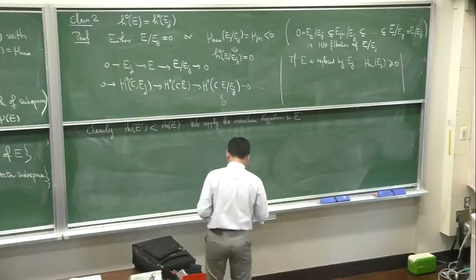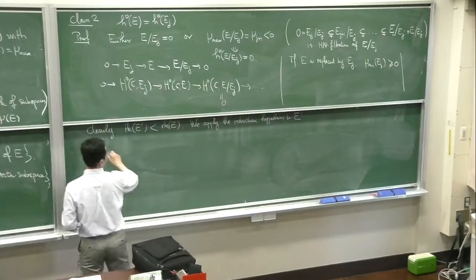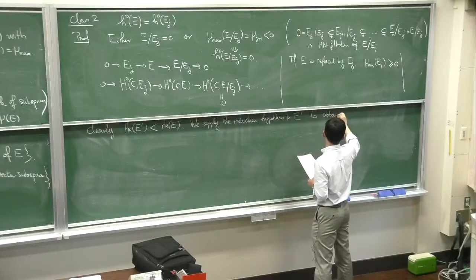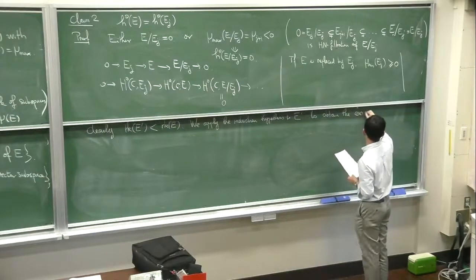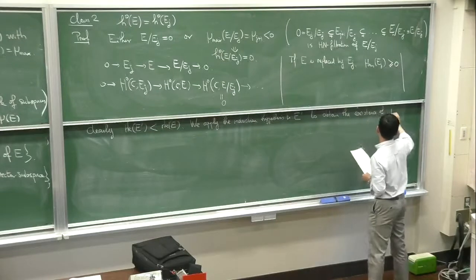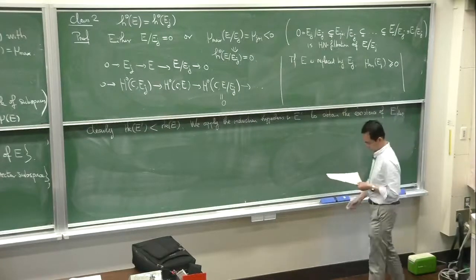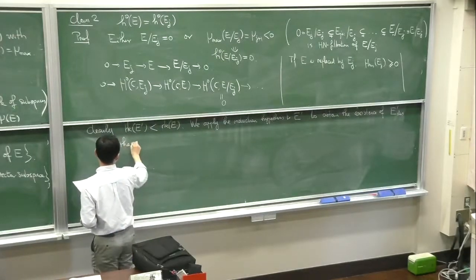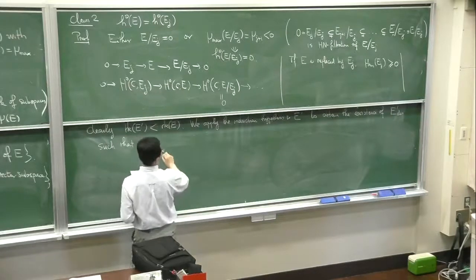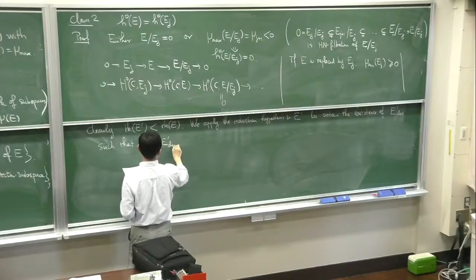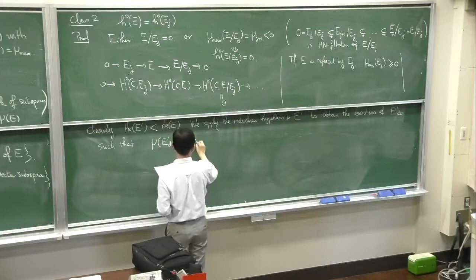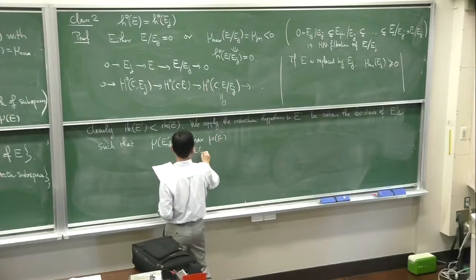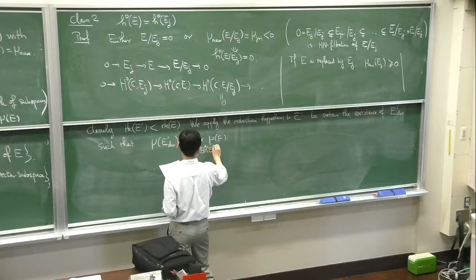So what is the induction hypothesis? We can obtain the existence of some E prime ds such that mu of E prime ds is the maximal value of mu f for every f in theta star of E prime.